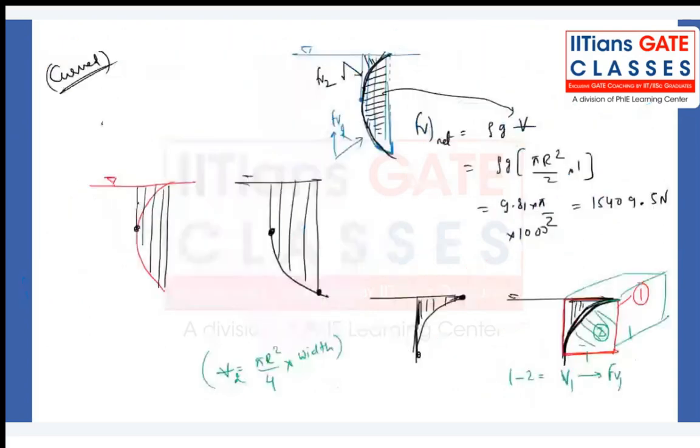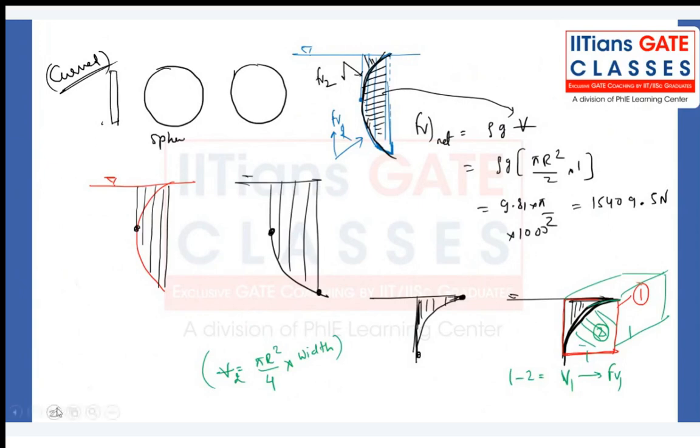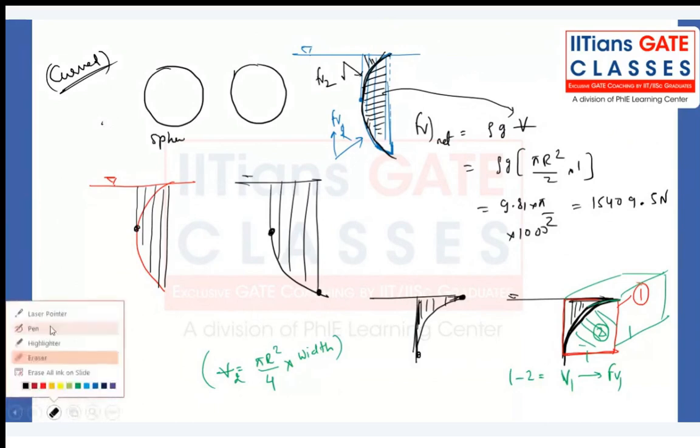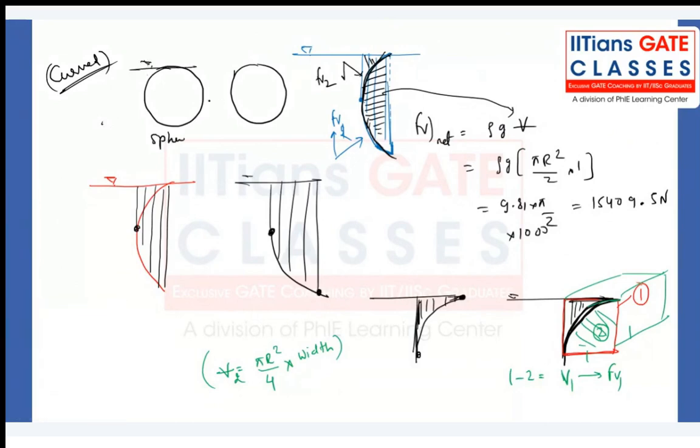When you project the cylinder, you get the projected area as a rectangle only. But what about the spherical shape? When you take this sphere as an actual case and try to project it, what will you get? Circle you will get, right? Projected area will be pi by 4 d square.